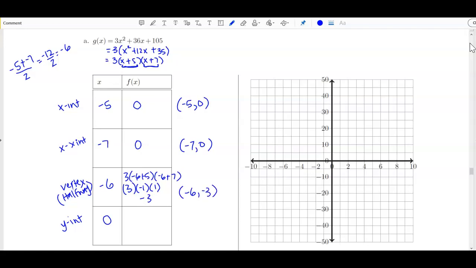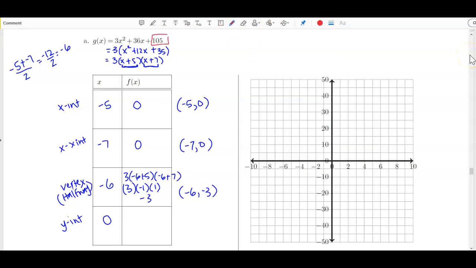Right, so there is my vertex, or my turnaround point there. And then when I put 0 in, I'm always going to end up with this number. I think I talked about this last time, but I can't remember, and if I did, it may have been in passing.